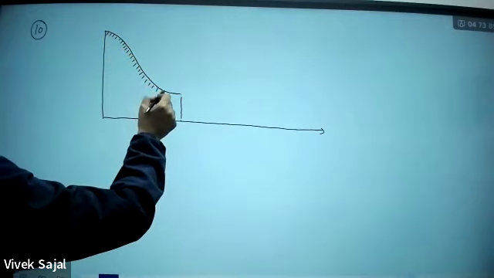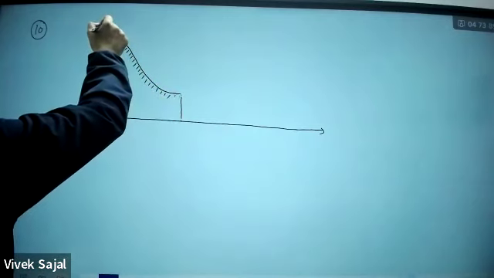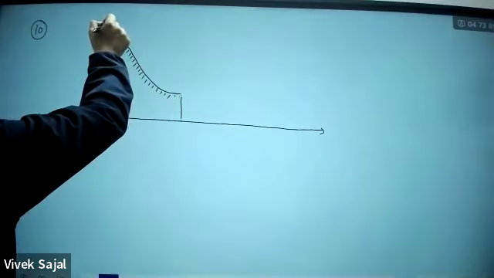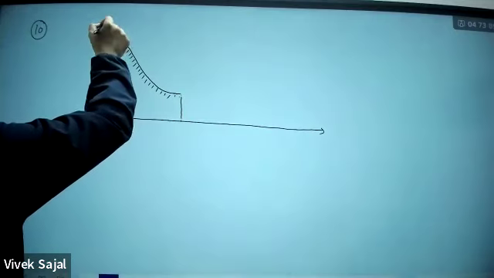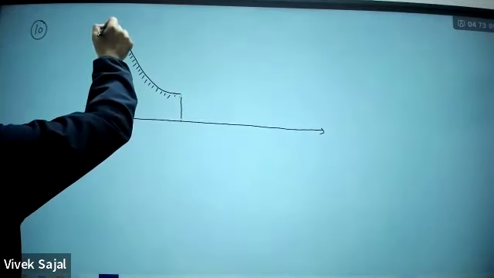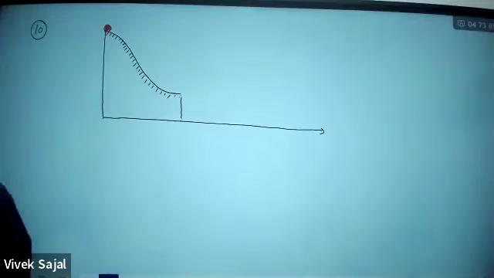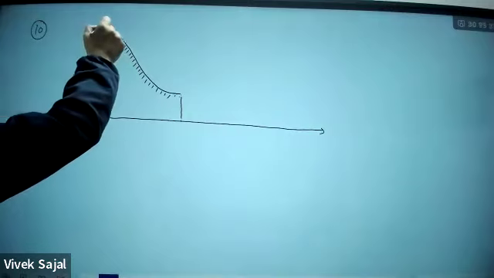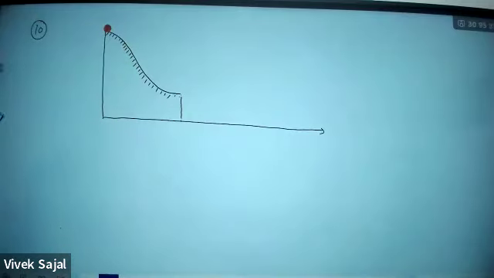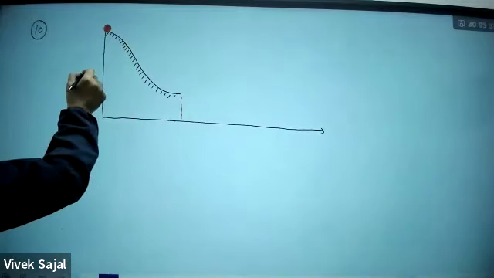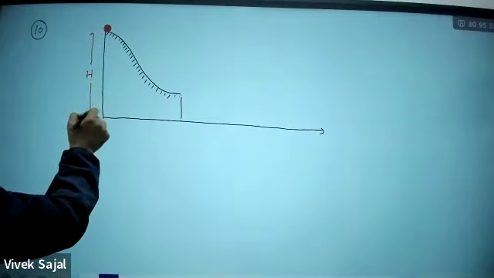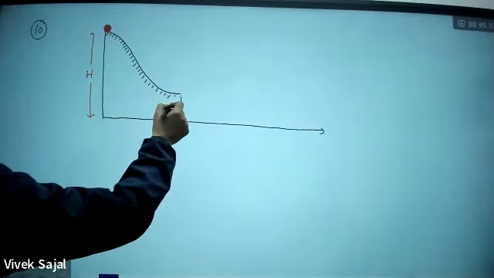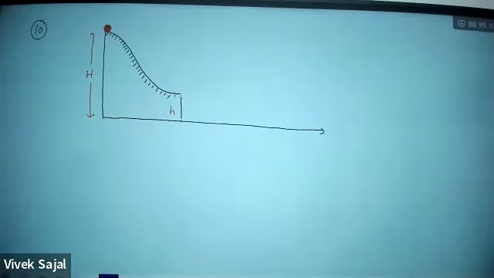The surface is frictionless here. So you have a block here, a ball here. Now, ball or a small disc. This is a disc, beta, this is not a ball. And what is the height? Height is h. This height is small h.